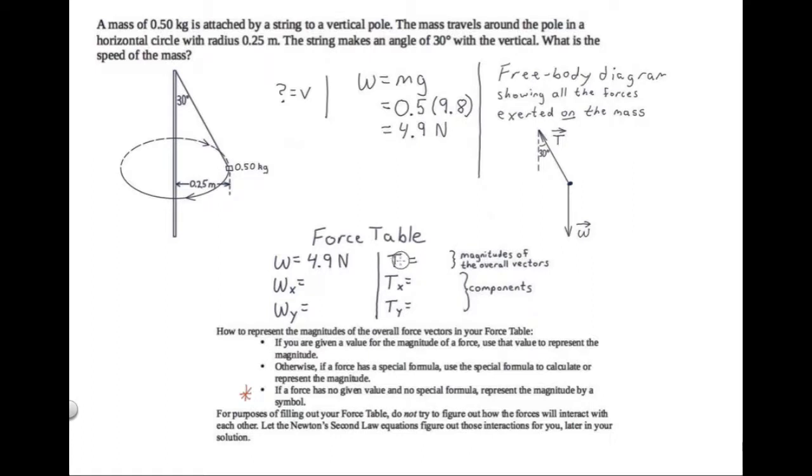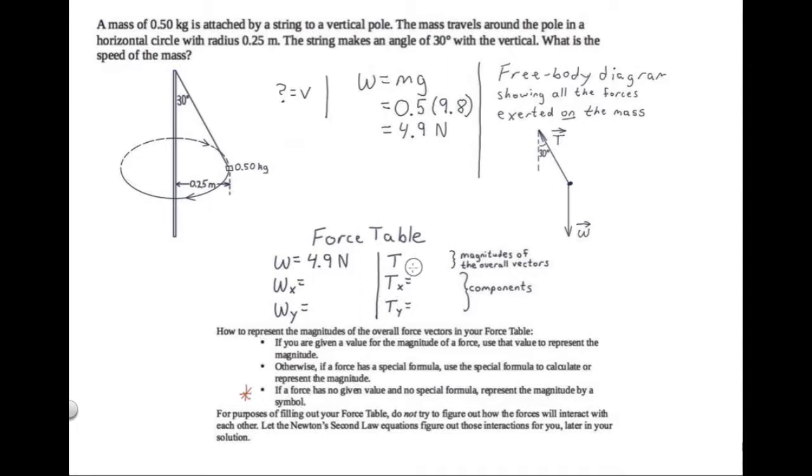Next, we think about the tension force. The problem did not give us a value for the magnitude of the tension force, and there is no special formula for representing the magnitude of the tension force, so we simply represent the unknown magnitude of the tension force by a symbol.